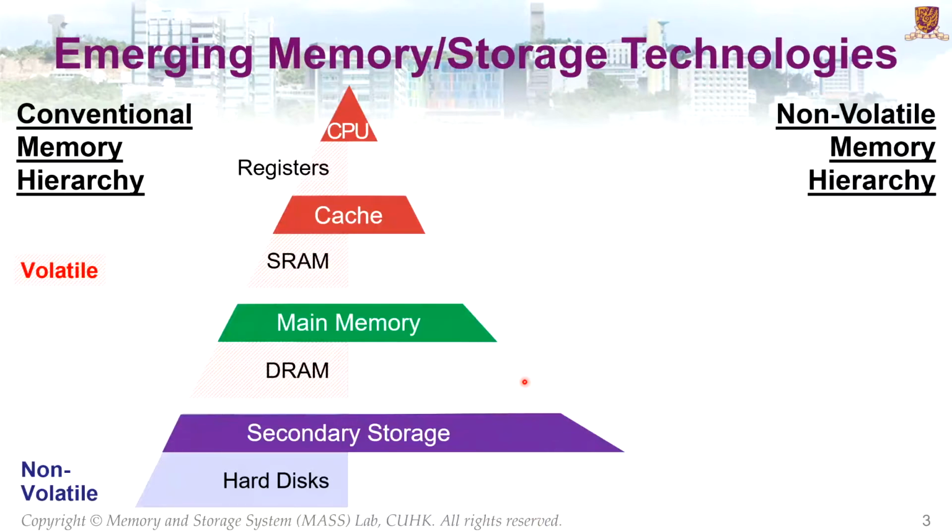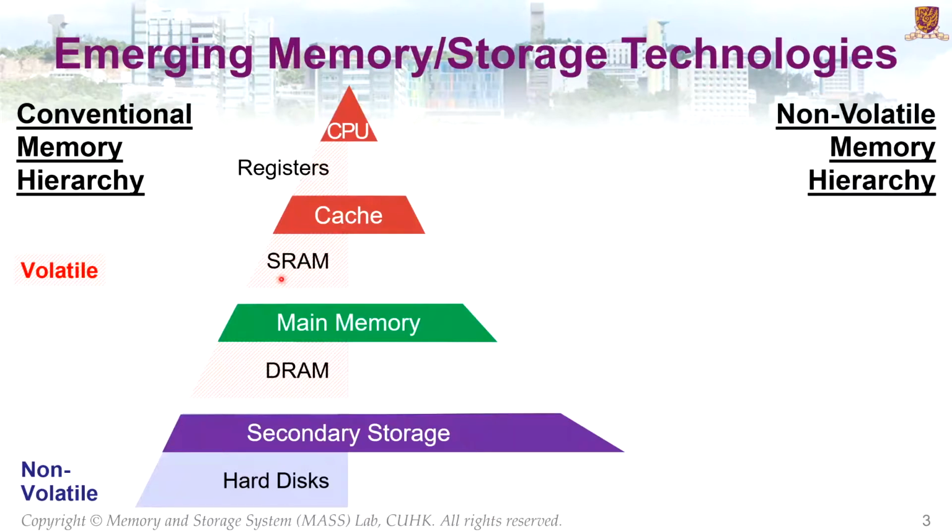When we talk about emerging memory or storage technologies, we can think from the memory hierarchy. I assume that most of us are pretty familiar with this picture. As you can see on the left-hand side of this slide, in the so-called conventional memory hierarchy, we have different layers of memory technologies, building the whole memory system as a pyramid.